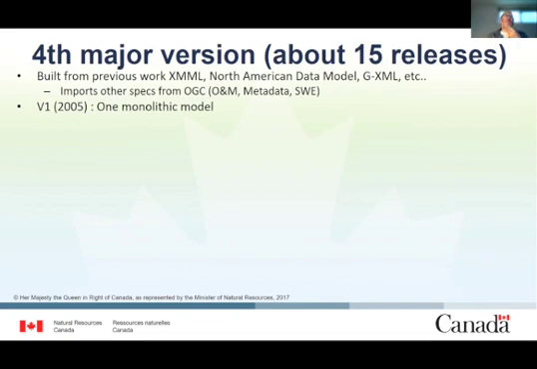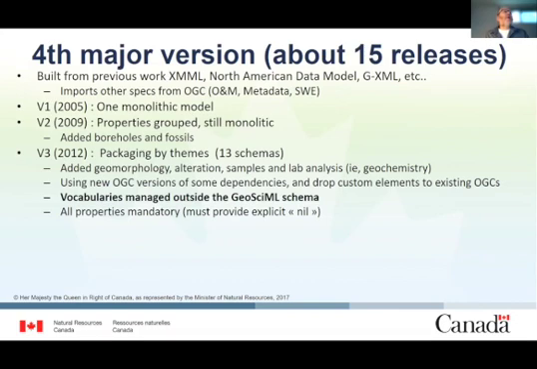So the first version was one big monolithic model in a single schema. In version 2 in 2009, we regrouped the properties, but it was still monolithic, and we had boreholes and fossils. In version 3, we packaged everything into 13 different schemas just to keep it manageable. We had the geomorphology.